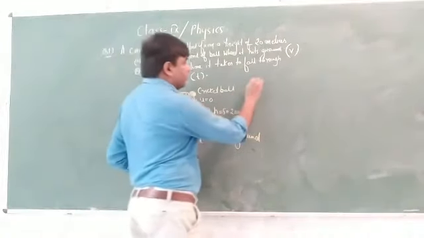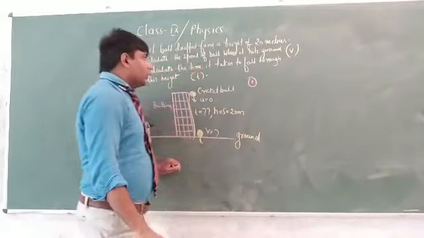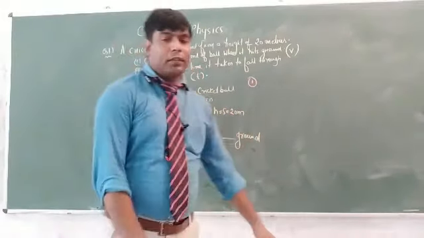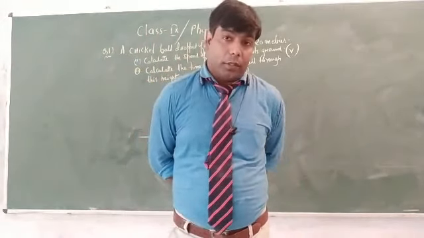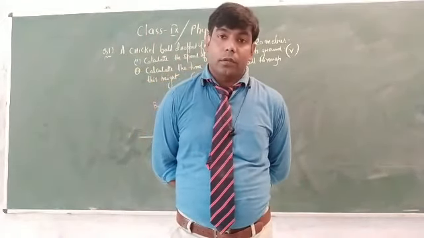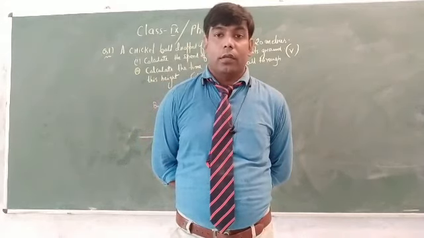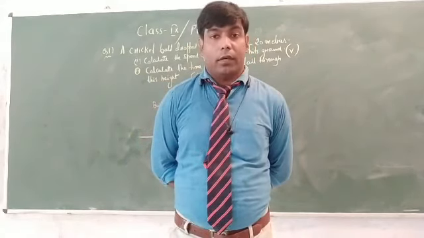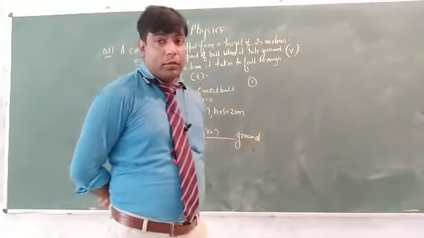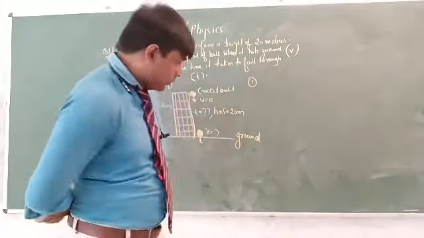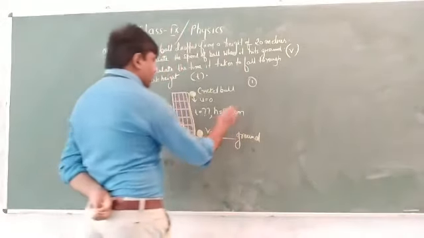So first, if acceleration due to gravity is not given in the question, then you have to consider 9.8. And if it is mentioned, take g equal to 10, then you have to take the value as 10. Right? Here it is not mentioned, so by default the value of g is 9.8 meter per second square. Right? So here you can write this.